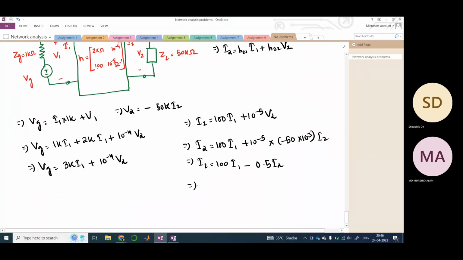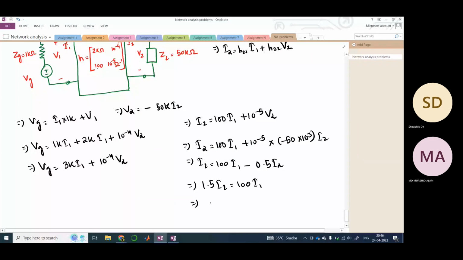And this would be 1.5 I2 is 100 I1, right? I hope this calculation is okay. Just a minute. Yes. Okay.